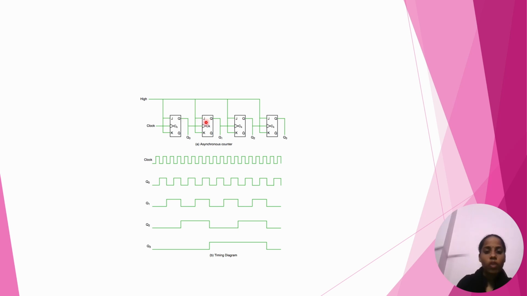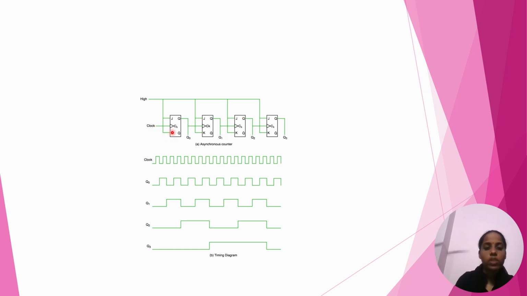The first flip-flop output Q is connected to the clock of the next flip-flop, and the next flip-flop output is likewise connected to the clock of the following flip-flop. This series connection of clock pulses is called an asynchronous counter.